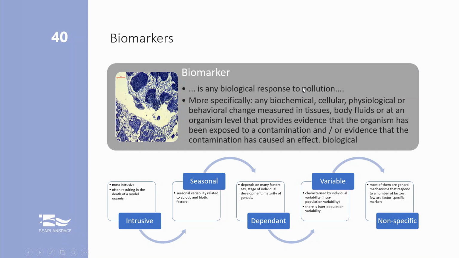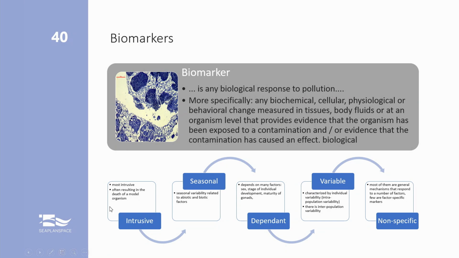So the biomarker is any biological response to pollution, and it can be measured as a biochemical, cellular, physiological, or behavioral change in tissues, body fluids, and anywhere else. And it has to be connected to the environmental status, to a particular contamination, or to basically worsening environmental conditions.